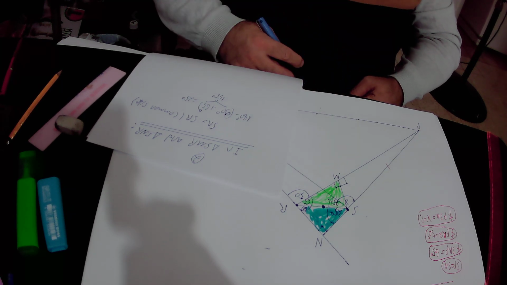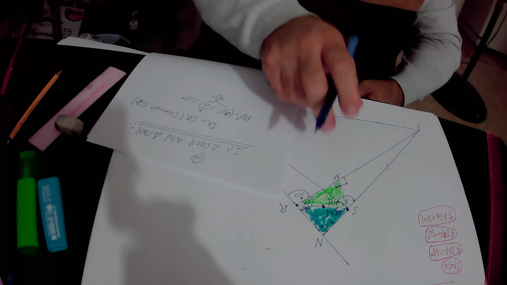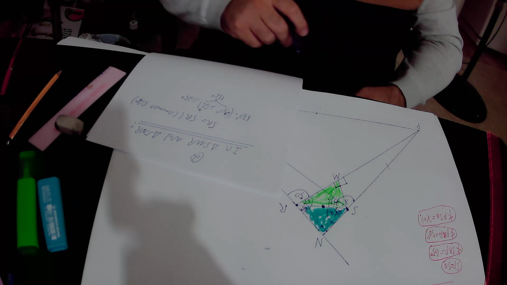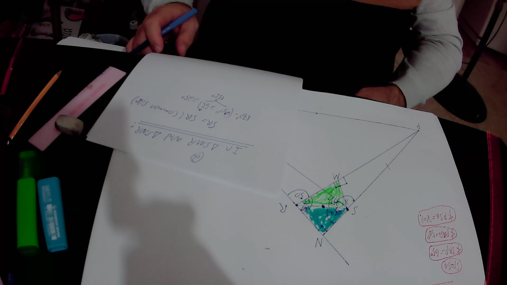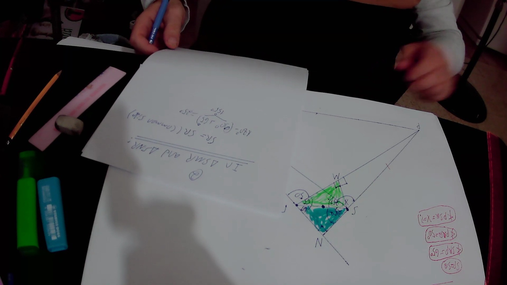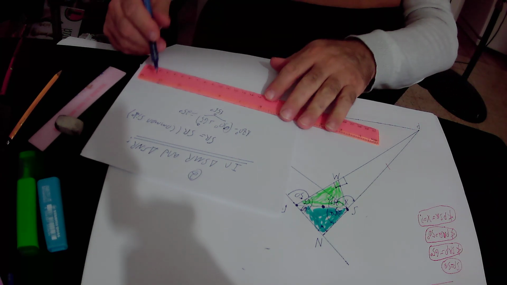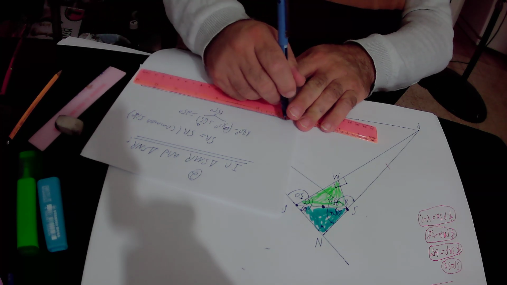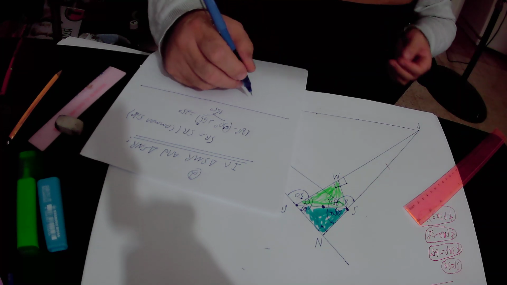And we also know that SR is a common side. It belongs to both triangles. So we actually proved that the green right triangle is congruent to the blue right triangle. So I'll write it down.